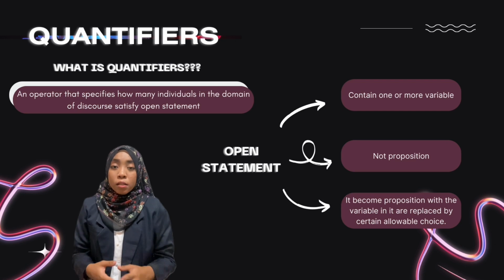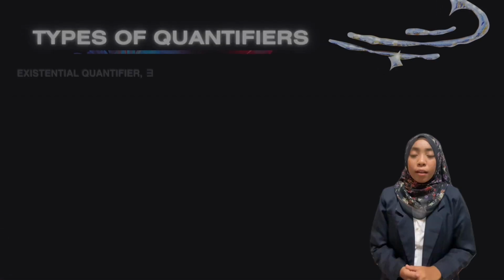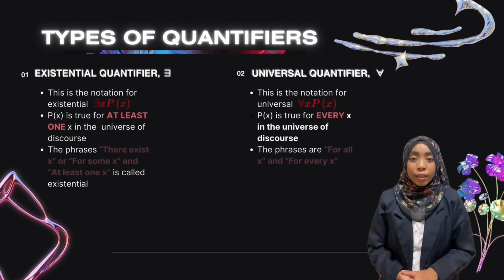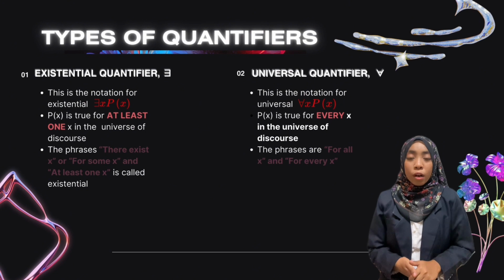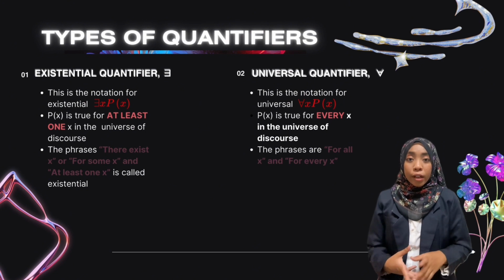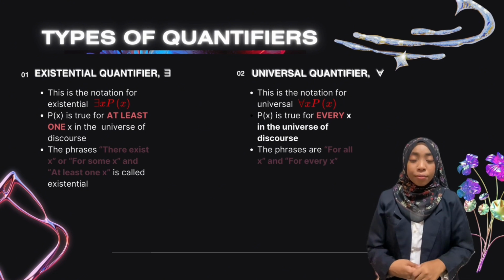It is not a proposition, and it becomes a proposition when the variables in it are replaced by certain allowable choices. So quantifiers are divided into two types, which are existential quantifier and universal quantifier.